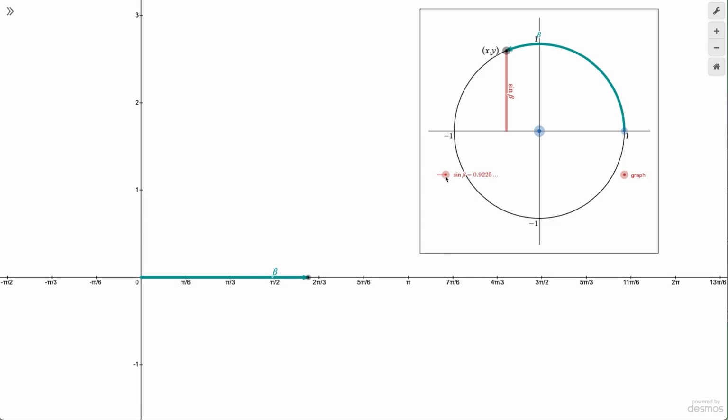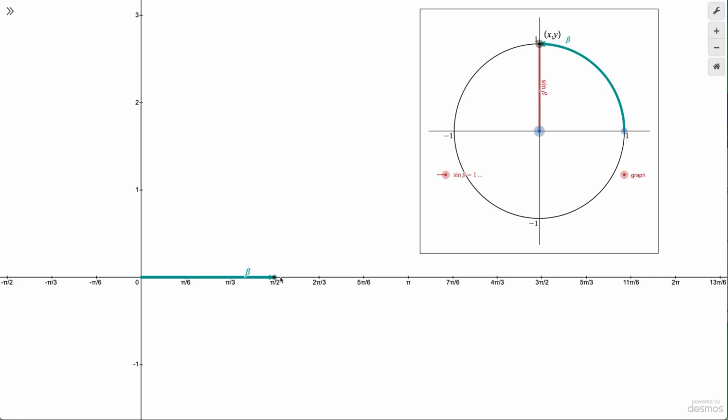Now if I look at the sine of the angle, in each of these instances, the sine of beta is just going to be the y coordinate. So as I start at beta equals 0, the y coordinate is 0. And then as I increase, you can see the running y coordinate here. The y coordinate is becoming bigger, and it reaches its max of 1 when beta is pi over 2.